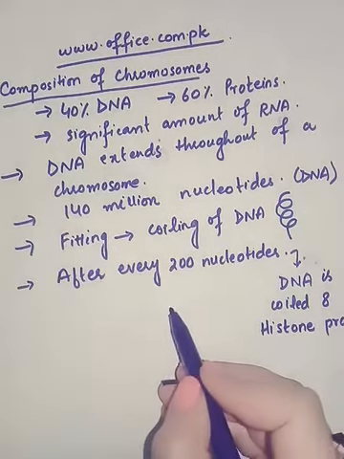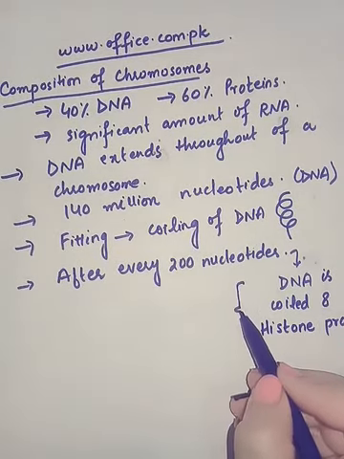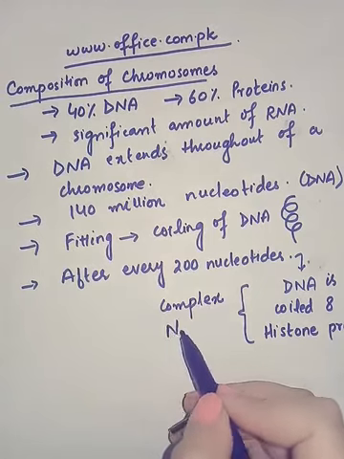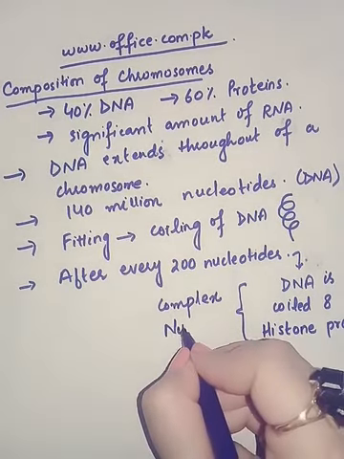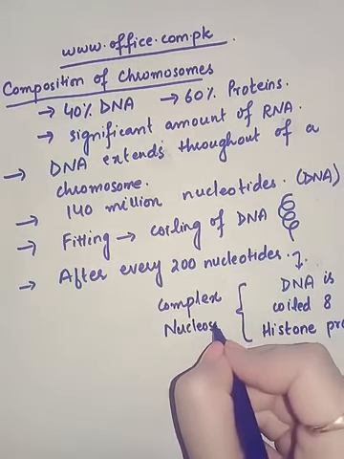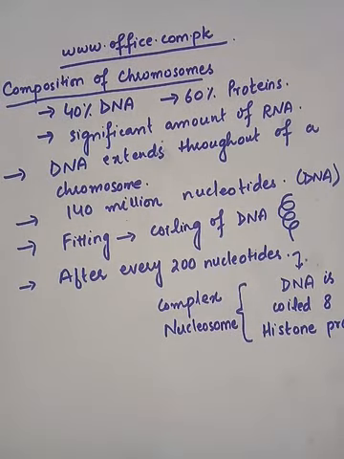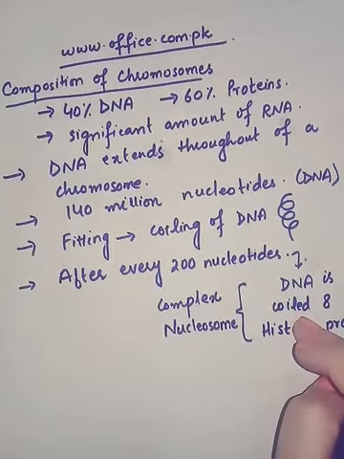The point where DNA is coiled around the 8 histone proteins forms a complex which is known as a nucleosome. This is known as the nucleosome. The point where DNA is coiled around the 8 histone proteins is known as the nucleosome.